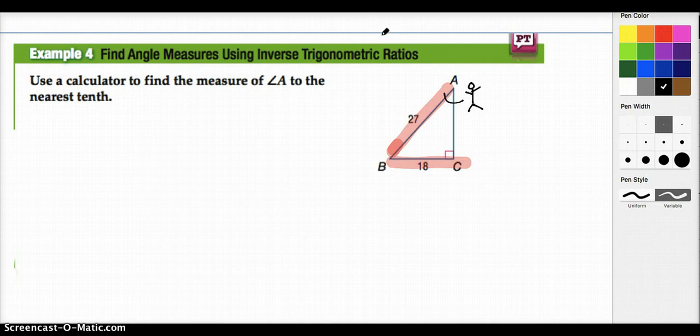What trigonometric function? Still SOHCAHTOA reigns. So what trigonometric function in relationship to A would use the sides relating to A as opposite and hypotenuse? Opposite and hypotenuse. And that would be sine. So I'm going to write this down.